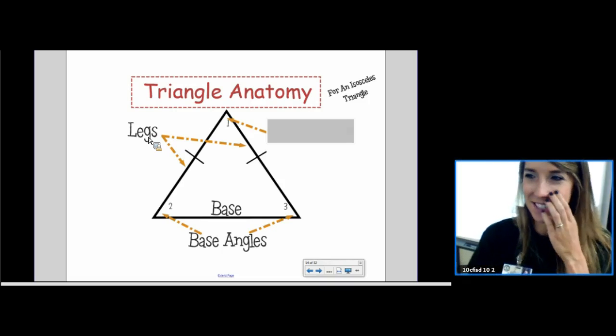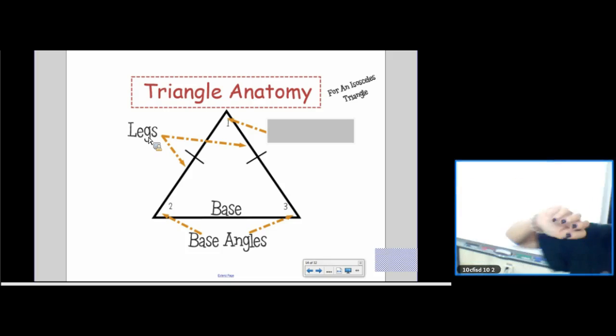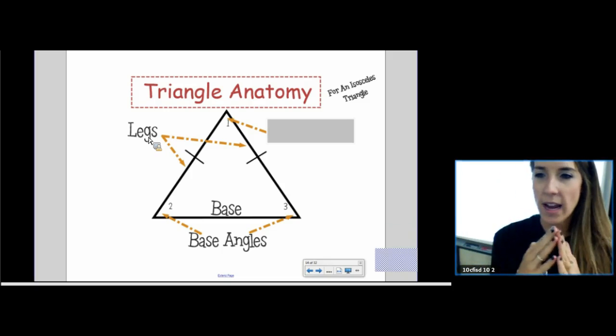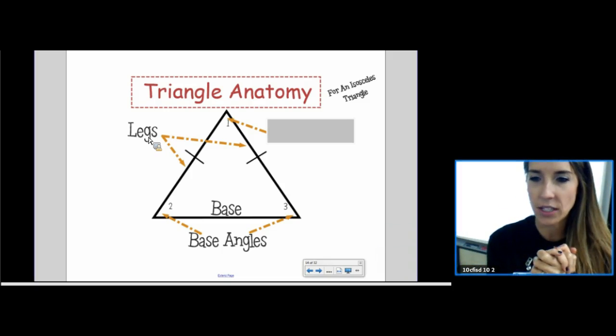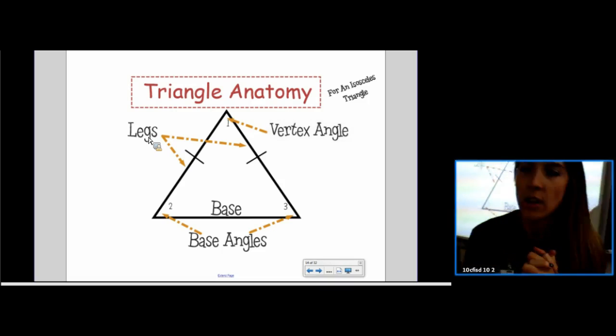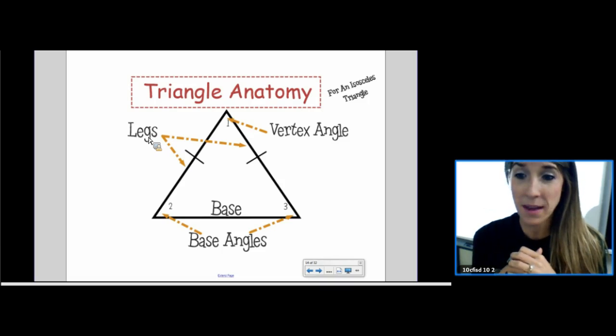They are same side interior angles, but we're not going to use that. Okay, Joseph. And what is that last angle called? The angles where the 2 legs intersect. The last angle. Yes, Jesselyn, good job. The vertex angle. So it's important to know what the parts of an isosceles triangle are called because I'm going to be calling them that over and over.